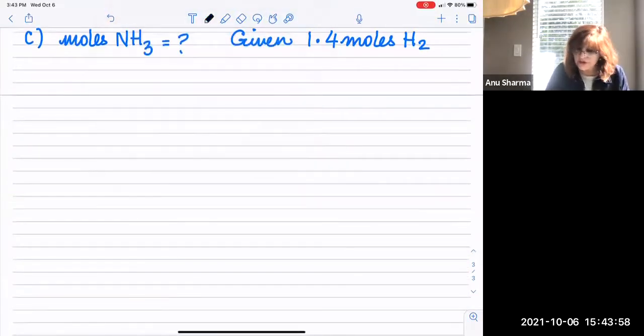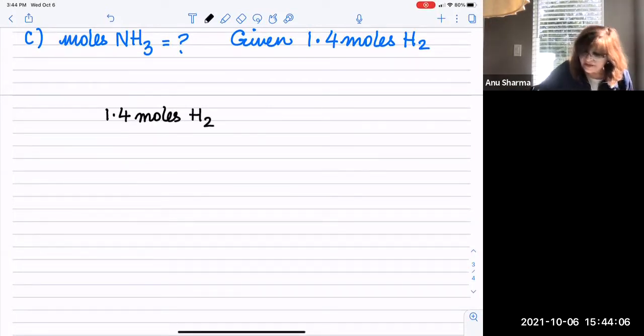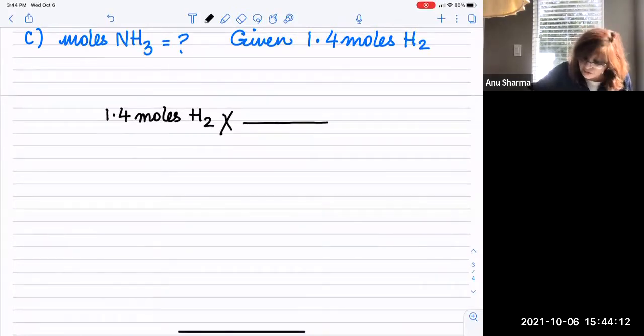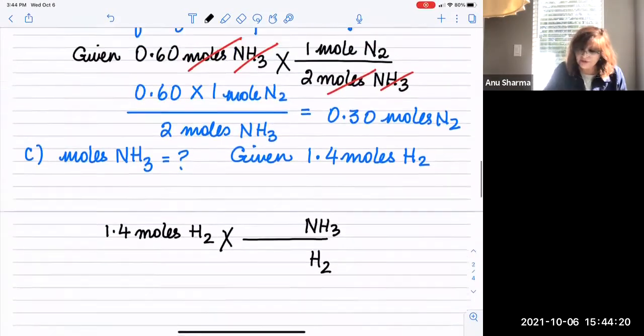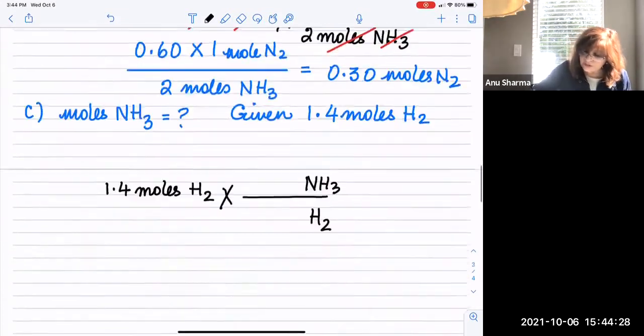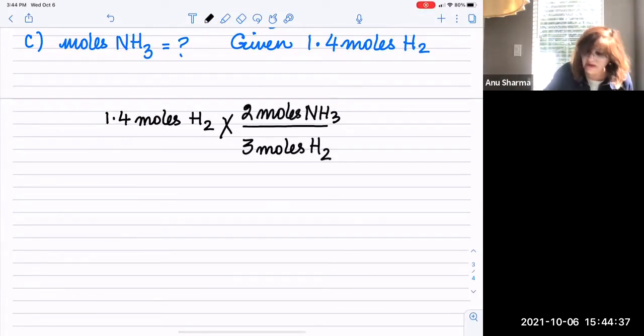You are going to put 1.4 moles of hydrogen on one side, that is given to you, times the mole to mole ratio, and in that mole to mole ratio hydrogen is going to be at the bottom, and you need the ammonia, so that's going to be on the top. Now you're going to look at the balanced equation. The relationship between hydrogen and ammonia is 3:2. In other words, 3 moles of hydrogen produce 2 moles of ammonia.